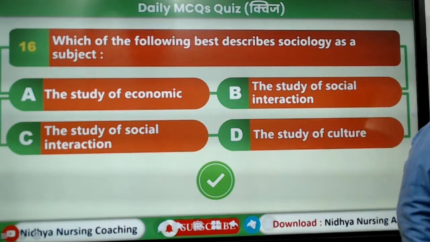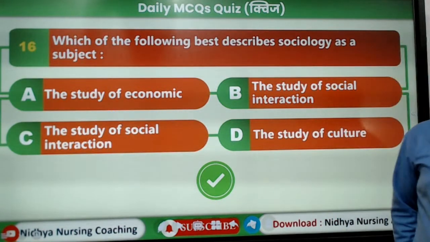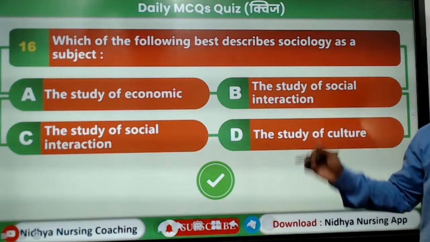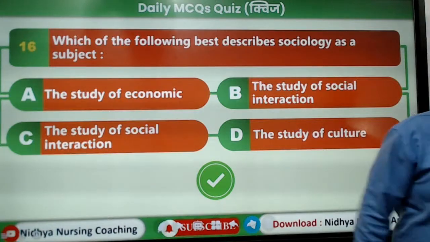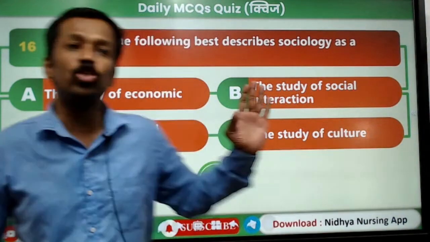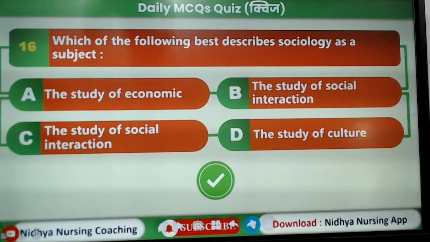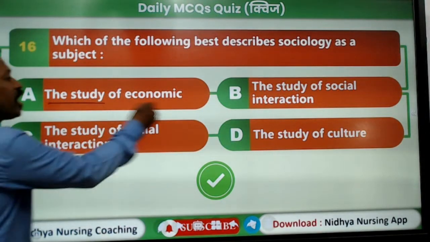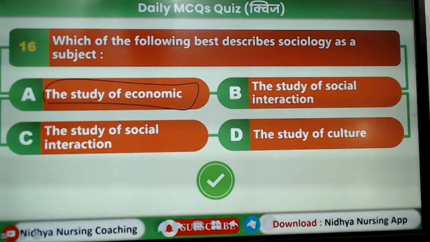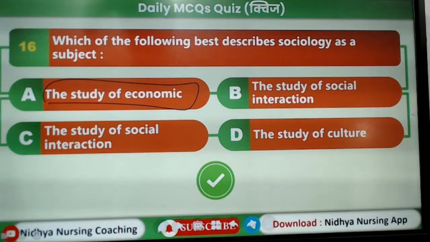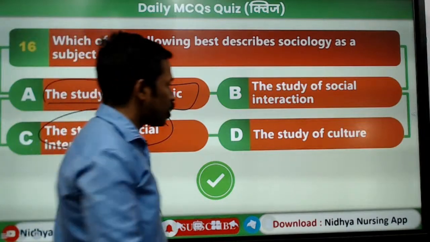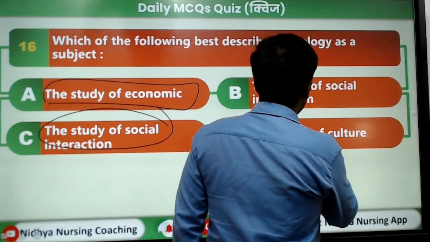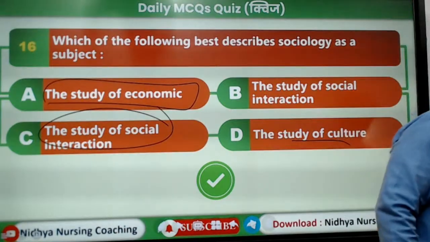Options: study of economics, study of social interaction, study of culture, study of individual behavior.